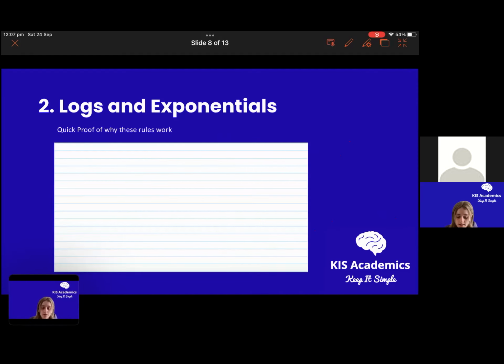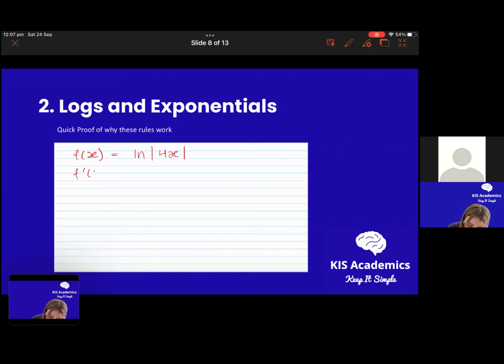So if we wanted to say why this rule works, let's say, again, we're just going to take f of x is equal to, let's do a log of maybe 4x. That's very straightforward. So the ln of 4x.